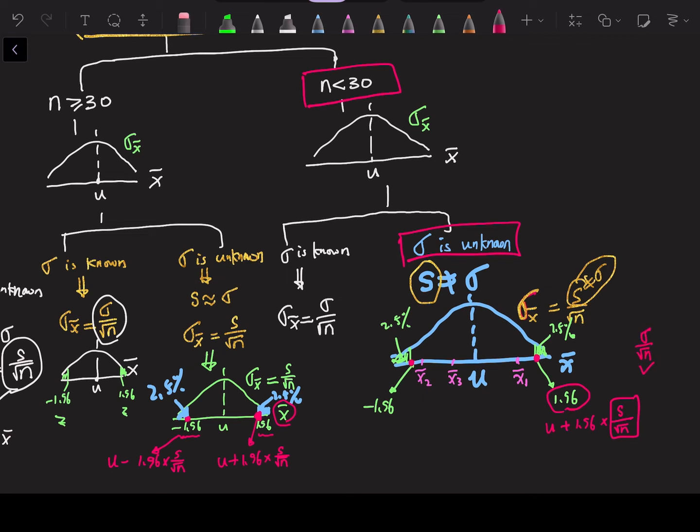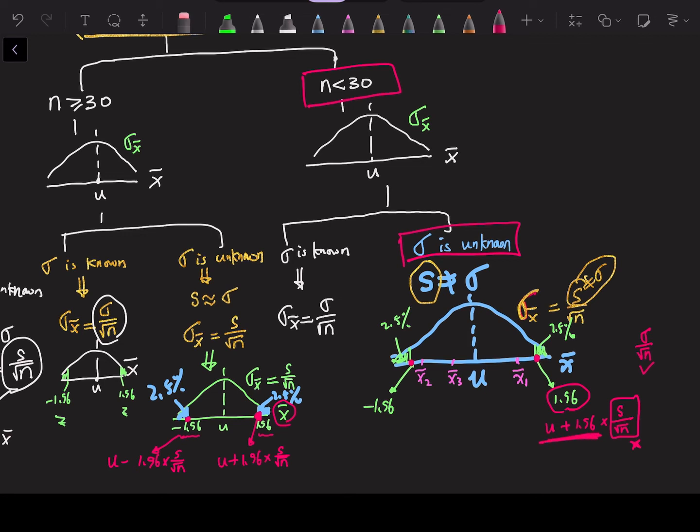But now you don't have sigma, and with a small sample you can't use S to approximate sigma either. So this is the wrong standard error, and then you get a wrong estimate.